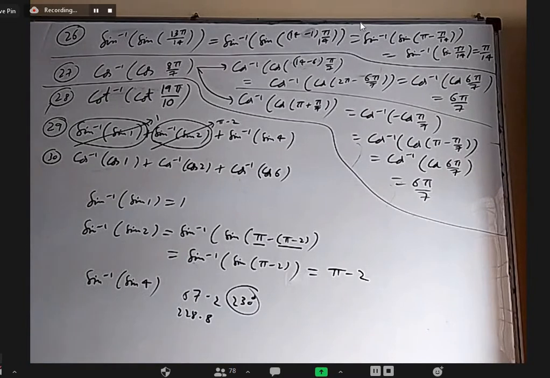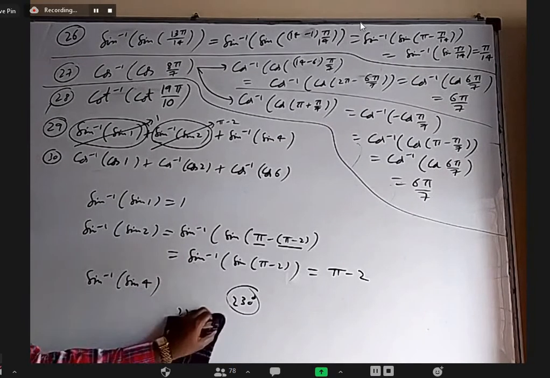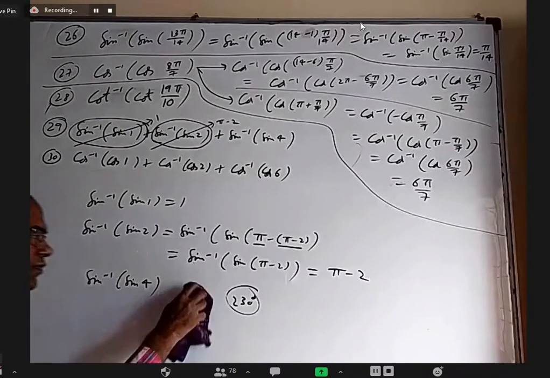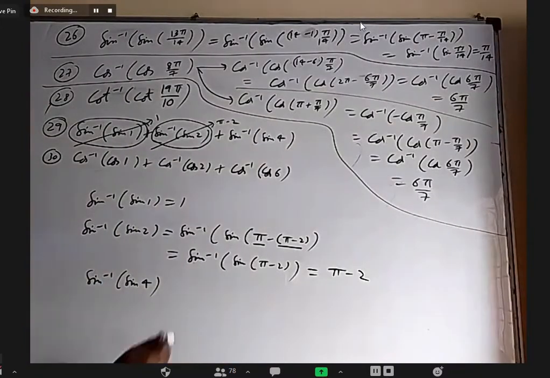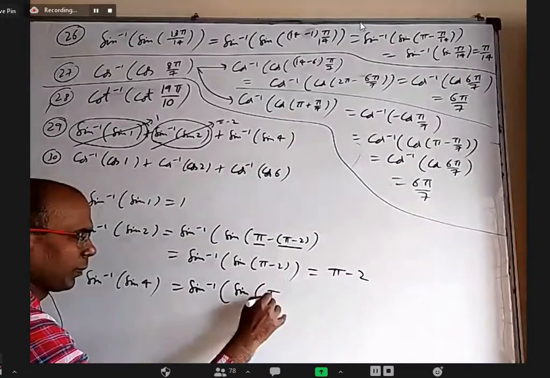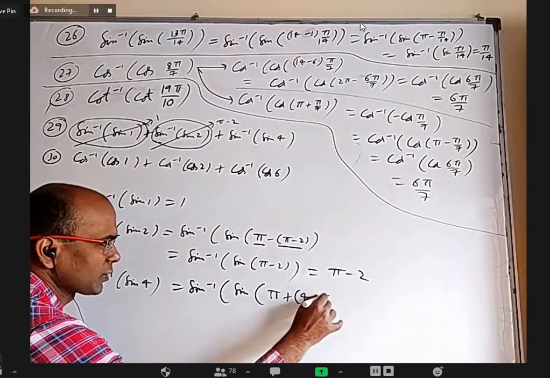How are you going to find sine inverse sine 230 degrees? You will write it as 180 plus 50. Correct. So I am going to write sine inverse sine of pi plus 4 minus pi.